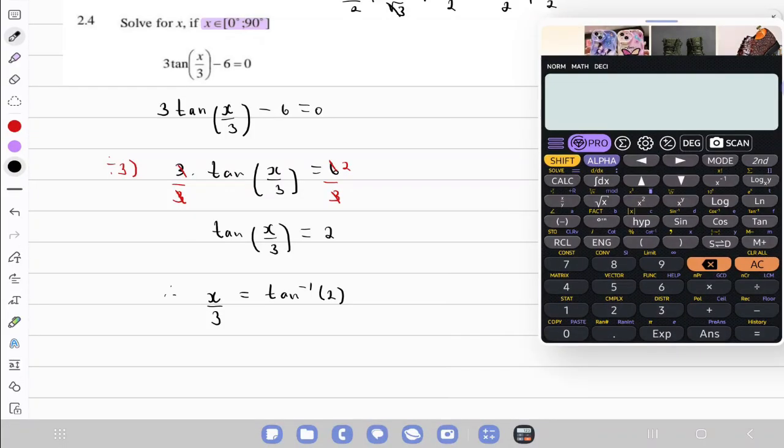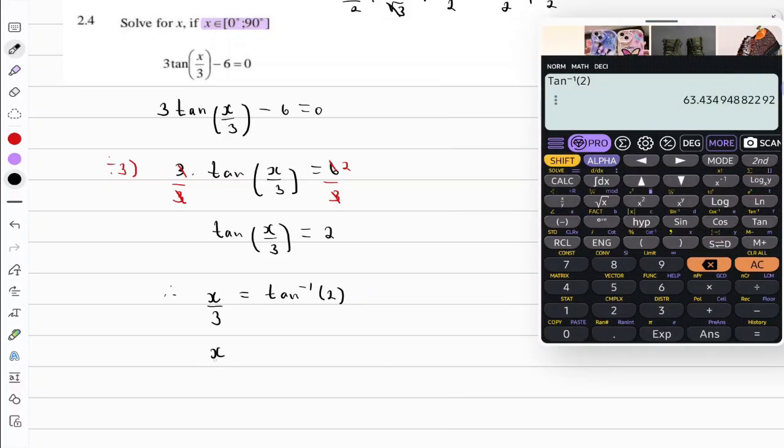And if we plug tan inverse of 2 into our calculator, it's 63.43. So x over 3 is equal to 63.43 degrees.